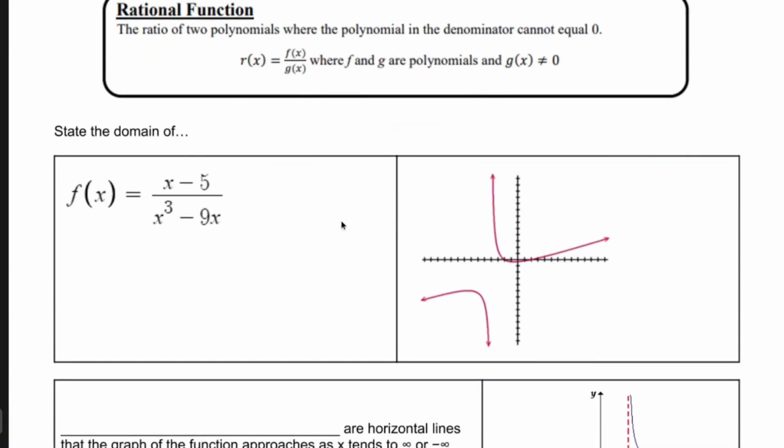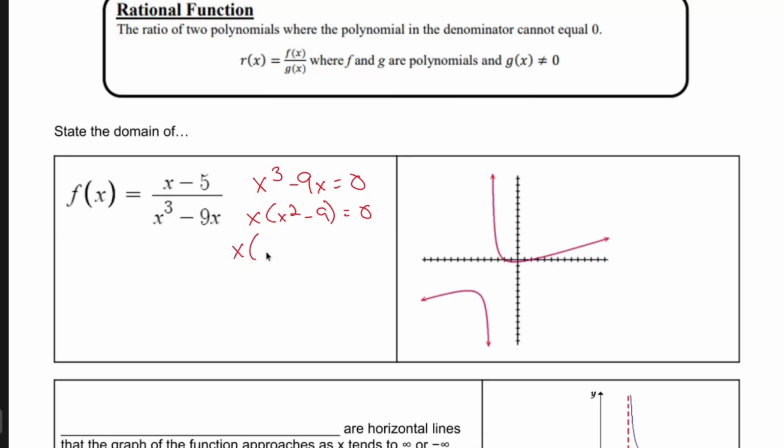So algebraically, what that looks like here is I need to figure out what makes the denominator equal to 0. The denominator is x cubed minus 9x equals 0. I can factor out an x and get x times (x squared minus 9) equals 0. X squared minus 9 is a difference of squares.